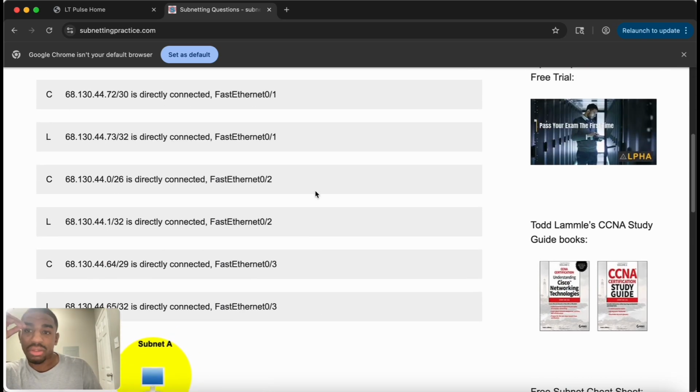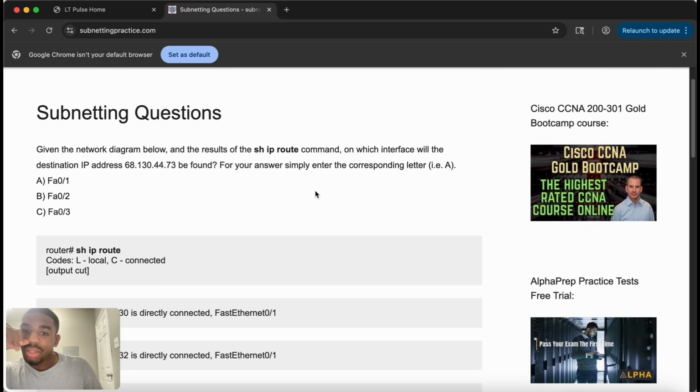Okay, this one looks fun. Given the network diagram below and the results of the show IP route command, which is a command that you enter into the CLI, it lets you know all the routes, all the connected routes, all the local routes, all the static routes on your router.